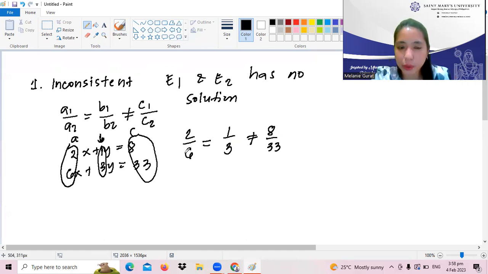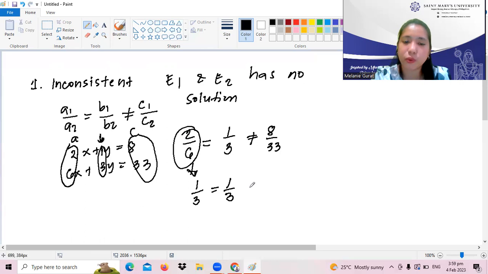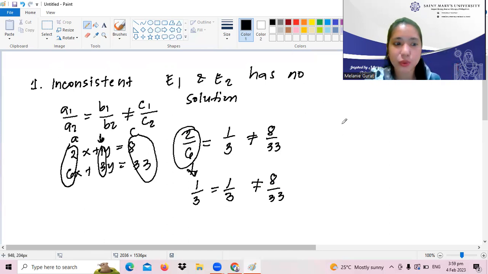If we simplify, 1/3 is equal to 1/3, and it's of course not equal to 8/33, which means that these two lines will not meet.